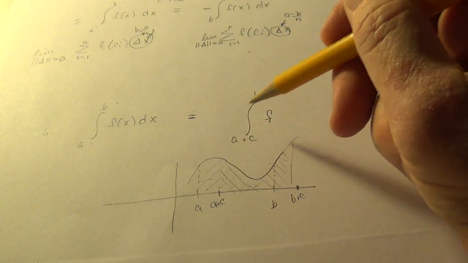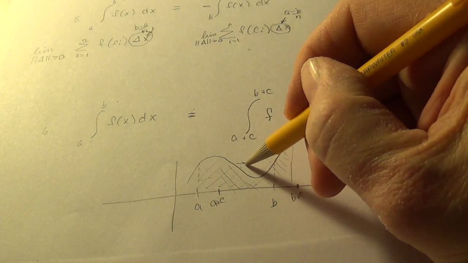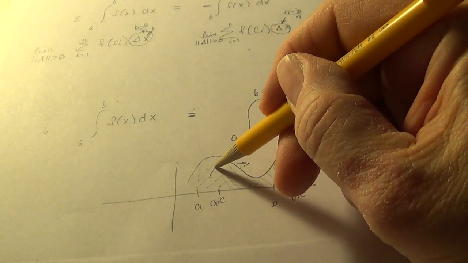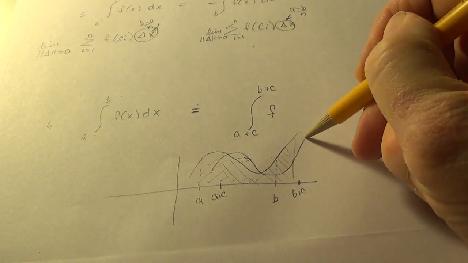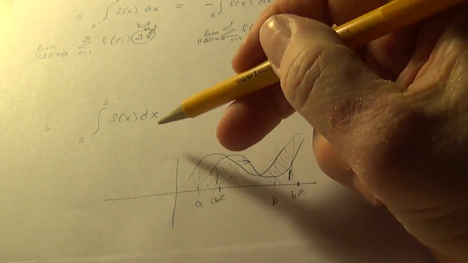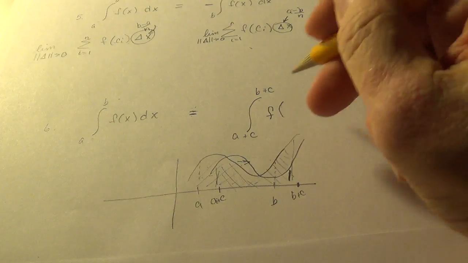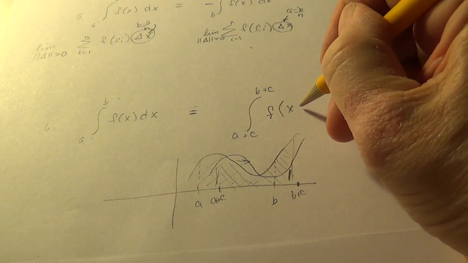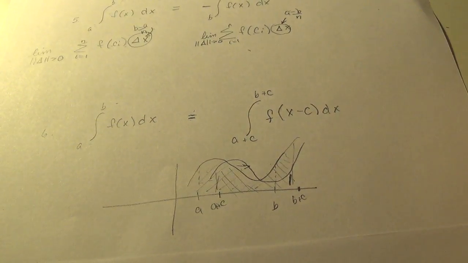Do you see? One way I can do that is to slide this whole graph over so it is c away from where it started. Then the area from here to here will be the same as it was to start with. So I'm going to slide that graph to the right, and I do that by putting a negative c in my argument.